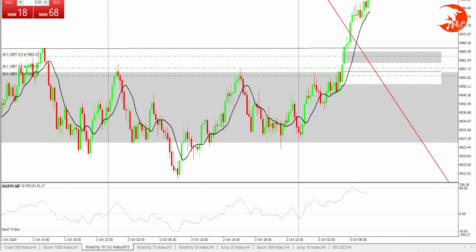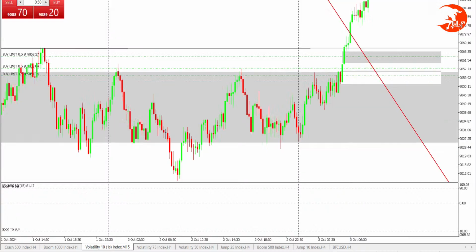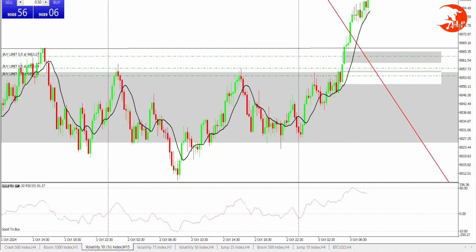Then V10, let's look at that. The pullback didn't actually happen according to H1, so it took my entries there. That was around $2. Yeah, I'm okay with that because I wanted to have that pullback down below so that I can have my entries here of buys.